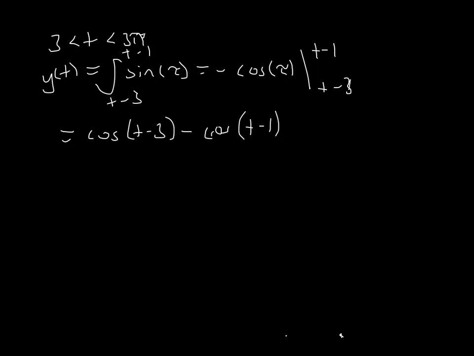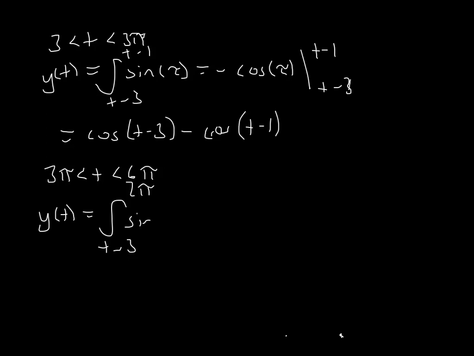And then after that, we have t greater than 3 pi and t less than 6 pi. So now our t minus 1 is past our sine wave, but our t minus 3 is still over it, so we'll be going from t minus 3 to 2 pi. So our y of t is the integral from t minus 3 to 2 pi of sine of tau.